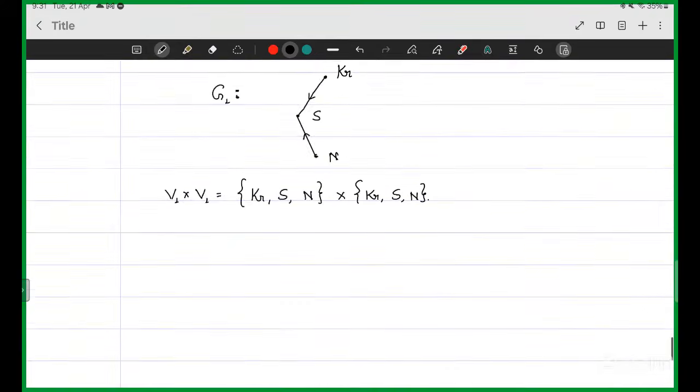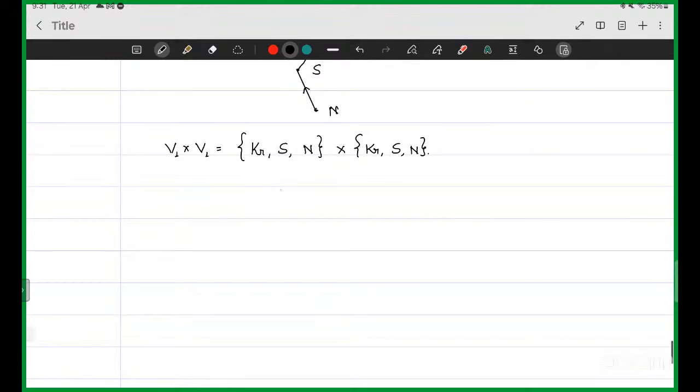If you look at just V1 cross V1 visually, you look at K R, S, N, you will have edges between K R and S, and between the others, in both directions in all these. And you'll also have loops, edges from K R to itself, S to itself.